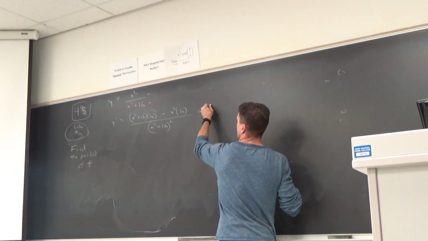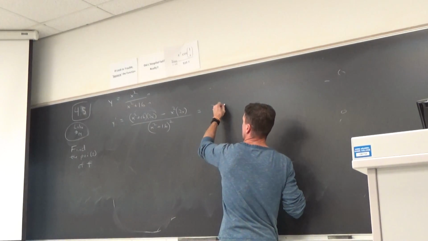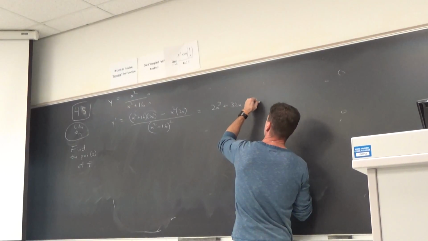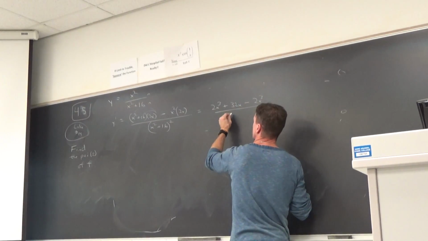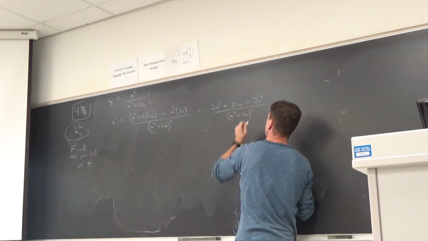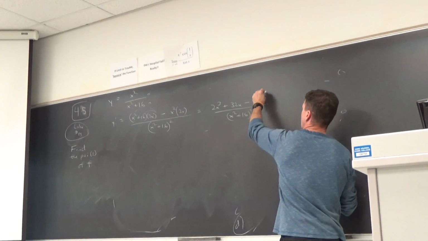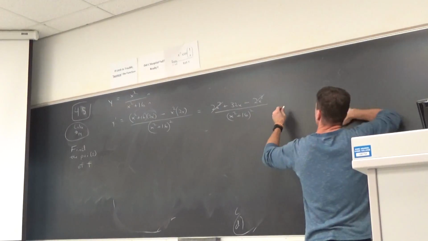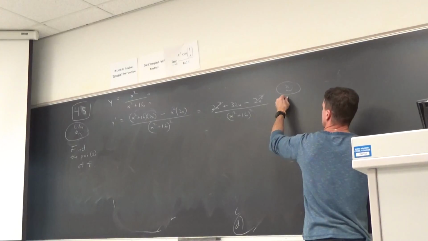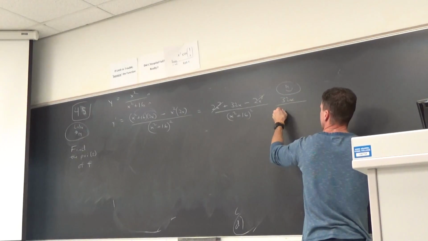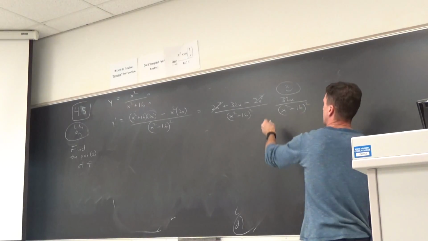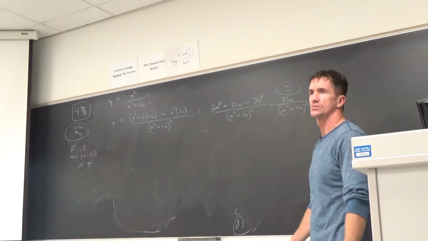2x cubed plus 32x minus 2x cubed. Oh, beautiful, this cleans up nicely. What cancels out? 2x cubed. Bye-bye. I'm happy because this is a nice clean 32x, everyone.